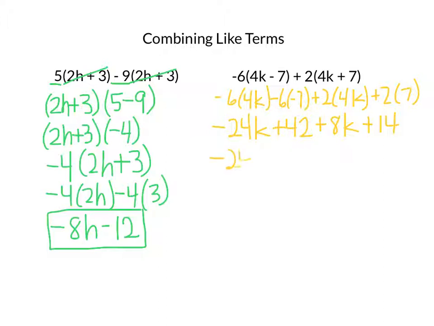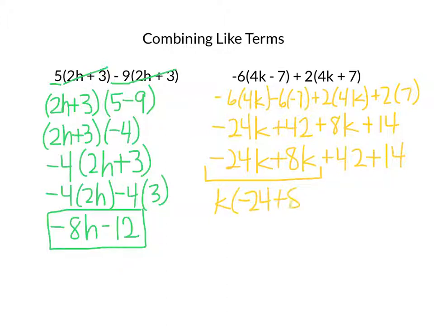Negative 24k plus 8k plus 42 plus 14. Well, this is where we can go ahead and add the negative 24 to the positive 8 and get negative 16k. Or we could go through that whole process of pulling out the k, doing the 24 plus 8. Over here we can go ahead and add these together. Those are like terms. That's 56.